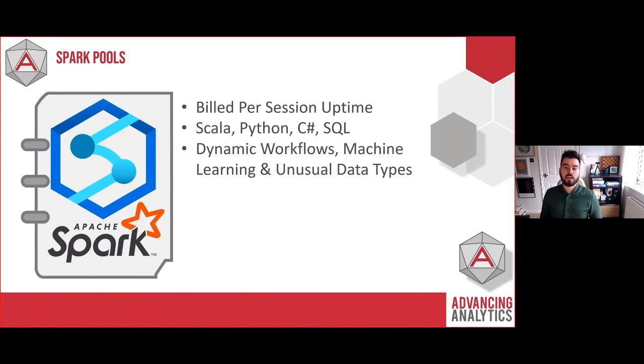But inside Synapse, your sessions are built for uptime, and you've got a whole load of different languages that we support there. So you've got Scala. Spark is predominantly written in Scala, and that's super useful because Scala is a functional language. A lot of big data is MapReduce operations.